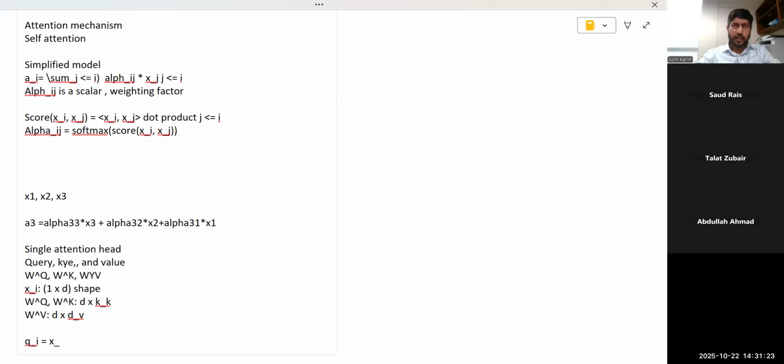So this is going to be xi, the row vector x for the ith token, multiplied by Wq. Okay? The matrix Wq. So this will give you the row vector qi.